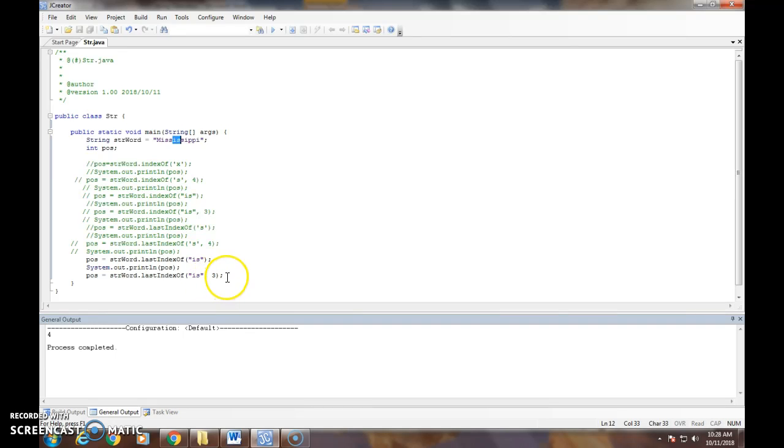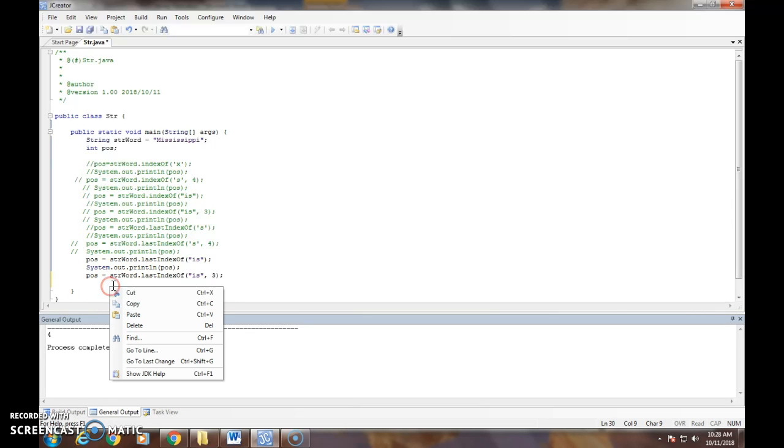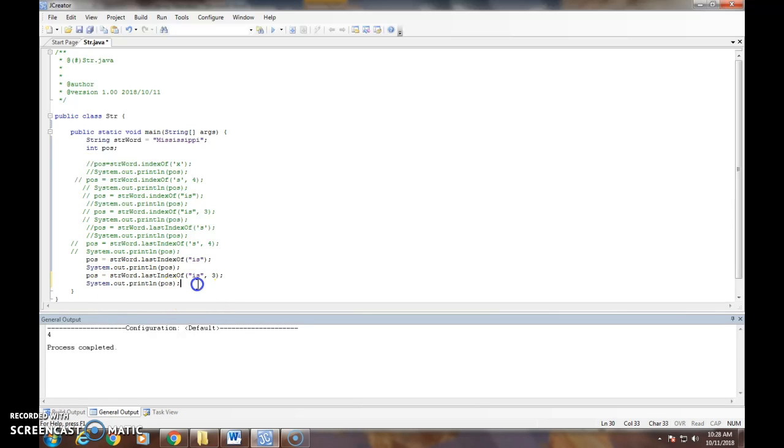And the same thing with lastIndexOf 3. Let's go ahead and I'll print the position for that one. Let's comment these two out. And if we build it and run it, I get 1 because is in Mississippi is in the very 1st position.